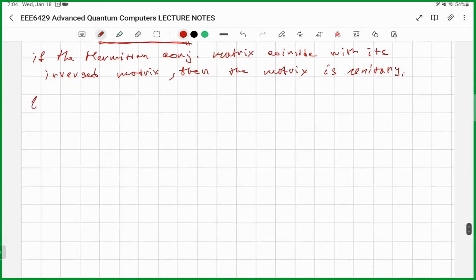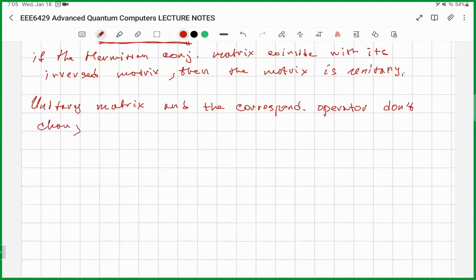So a unitary matrix and the corresponding operator don't change the dot product, the inner product.